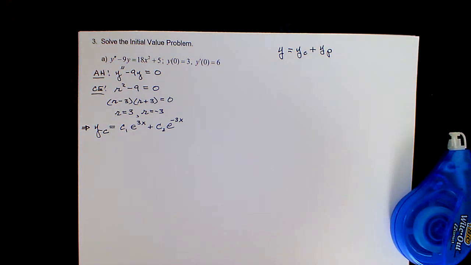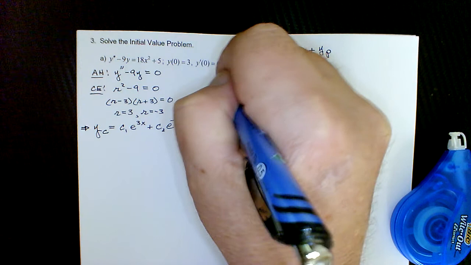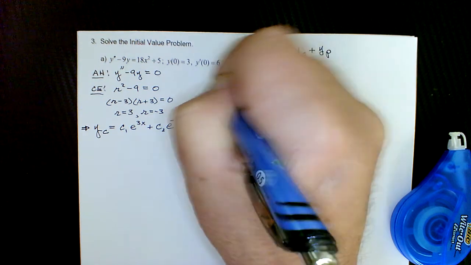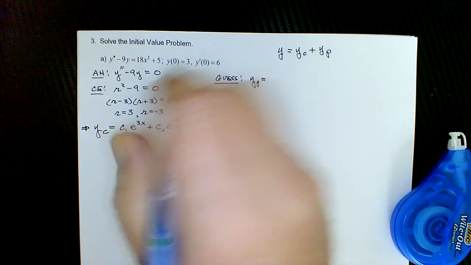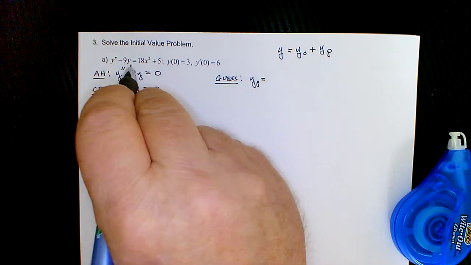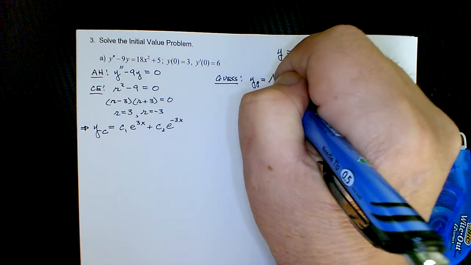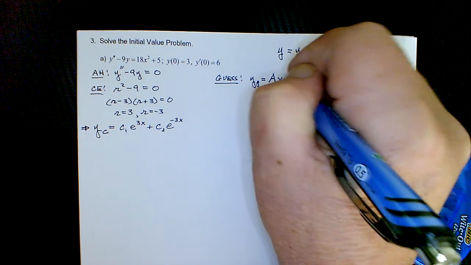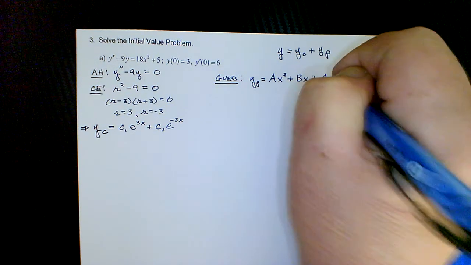Okay, so then we're going to consider our guess for y sub p. And that is based on the function that this differential equation is equal to, 18x squared plus 5. So it's a polynomial starting with the highest power being x squared. So ax squared plus bx plus c.